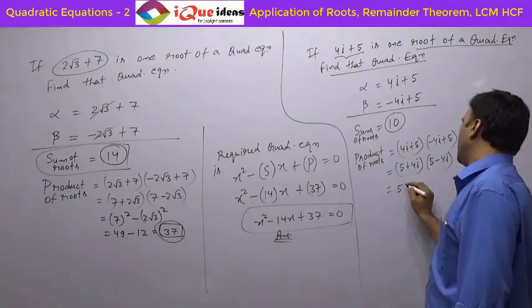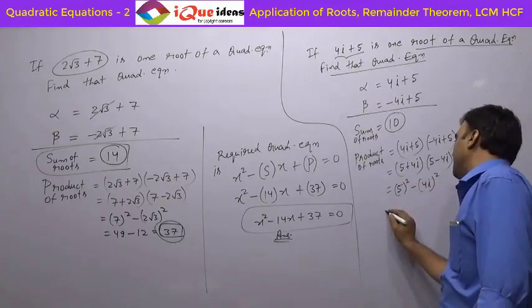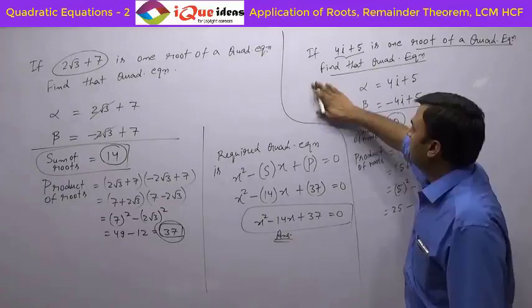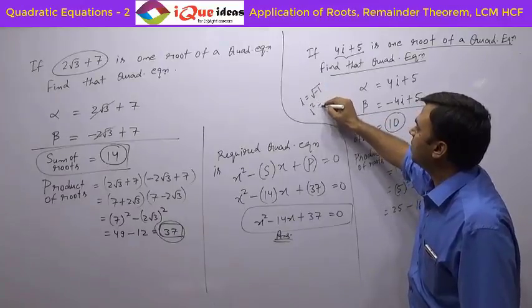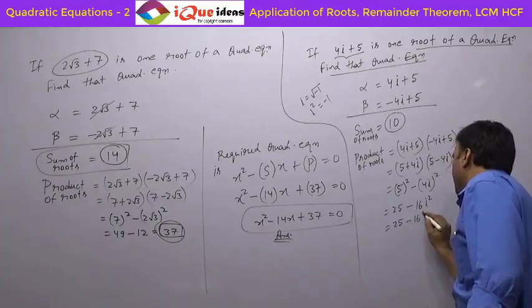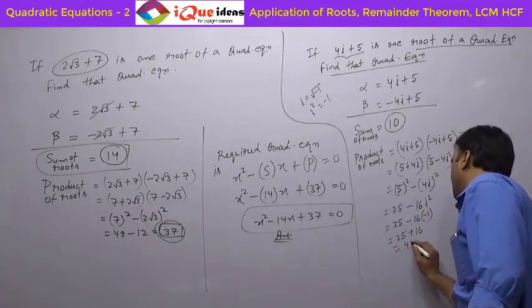So it is 5 square minus (4i) whole square. Now 5 square is 25 minus (4i) square is 16 i square. Now we know that i is equal to root of minus 1 and i square is equal to minus 1. Okay, so it is 25 minus 16 into minus 1, which is 25 plus 16, that is 41.